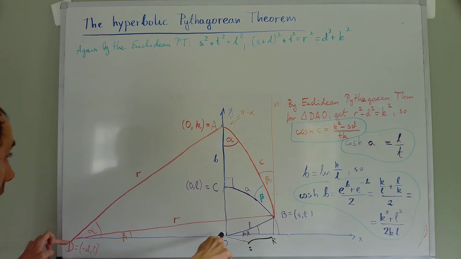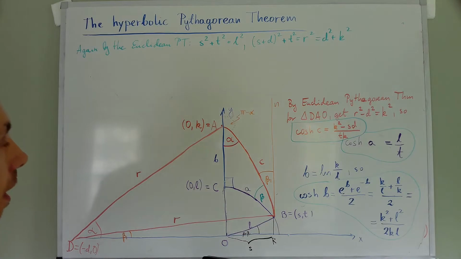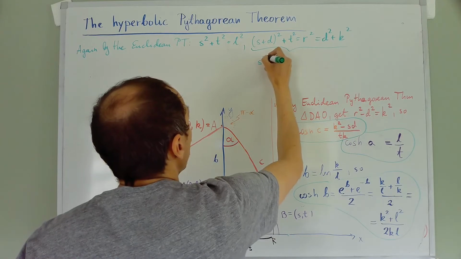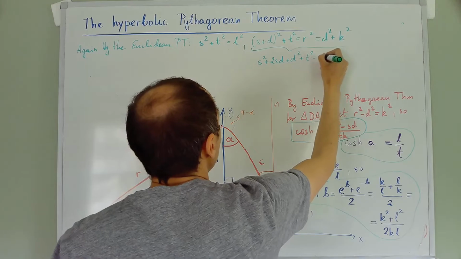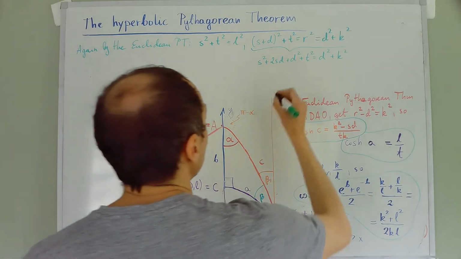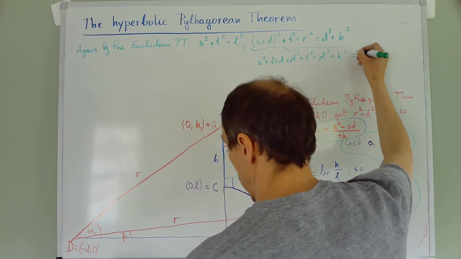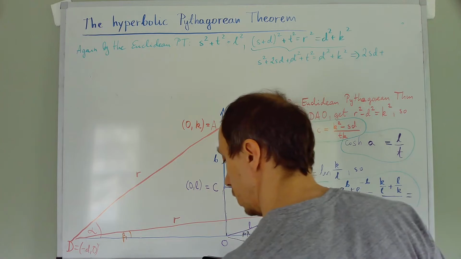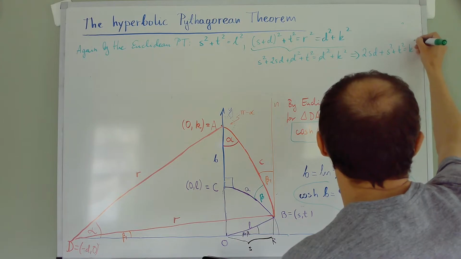We already looked at this triangle, it also gives you r squared. Okay, so from this one, what do we get if we do the squaring here? So that's 2sd plus d squared plus t squared is equal to d squared plus k squared. And cancelling the d squared on both sides, we get 2sd plus s squared plus t squared is equal to k squared.